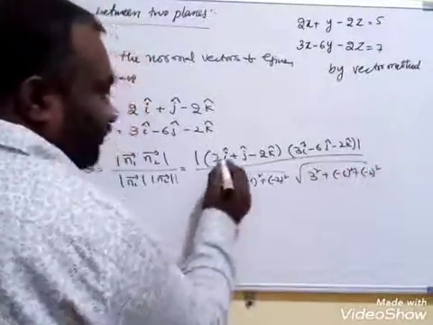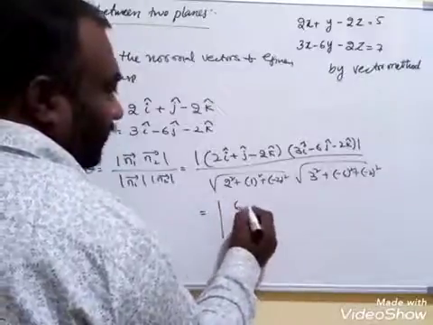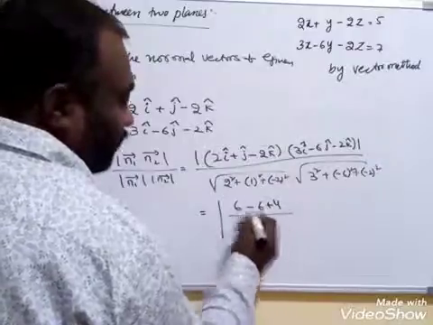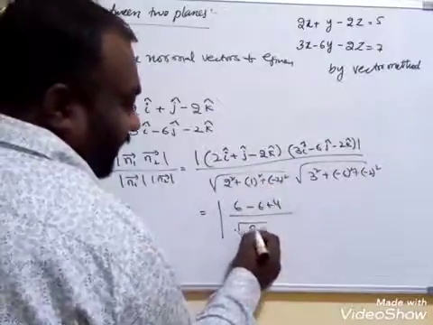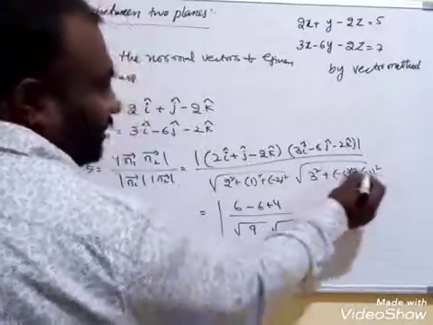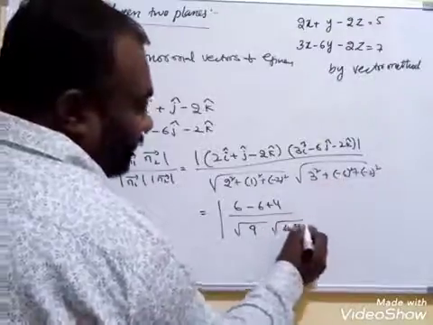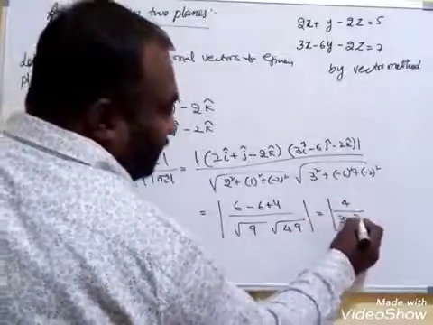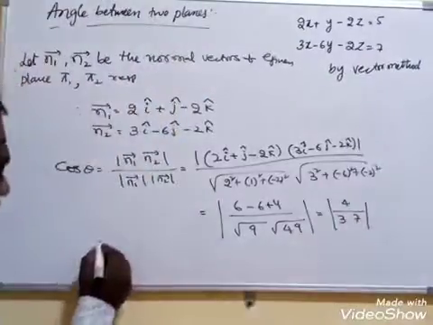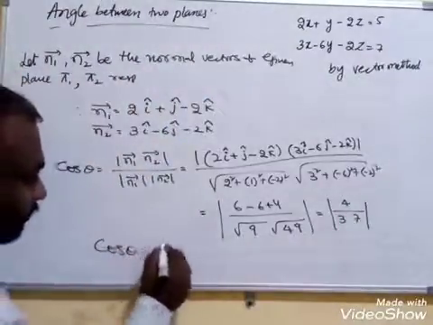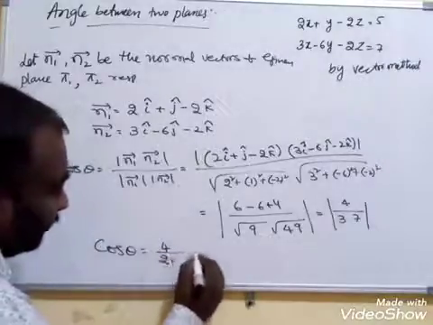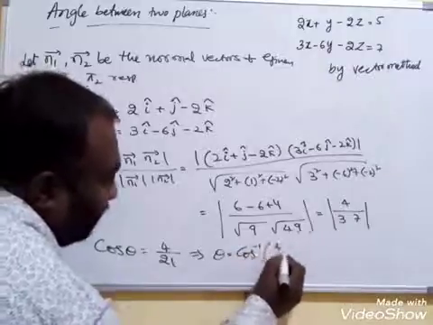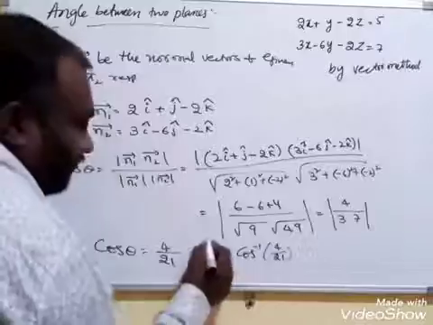Then we get 2 into 3 is 6, minus 6, minus into minus plus 4, by root of 4 plus 4 plus 1, which is 9, into root of 9 plus 36 plus 4, which is 49. That is nothing but modulus of 4 by 3 into 7. Finally, cos theta is equal to 4 by 21, which implies theta is equal to cos inverse of 4 by 21. This is the vector method.